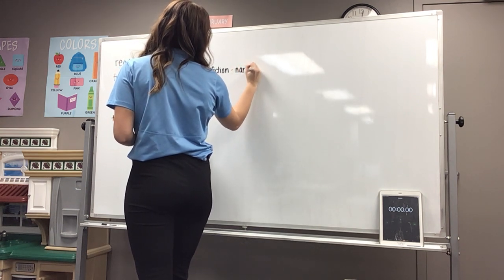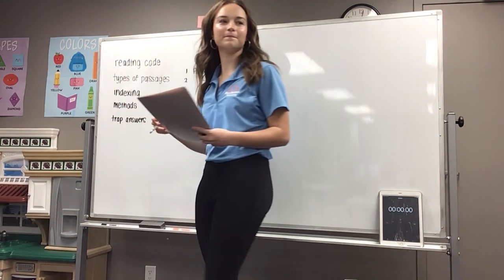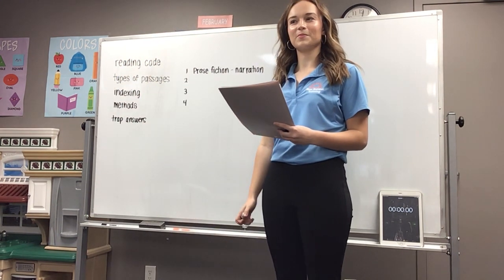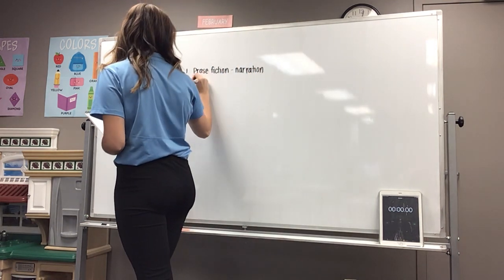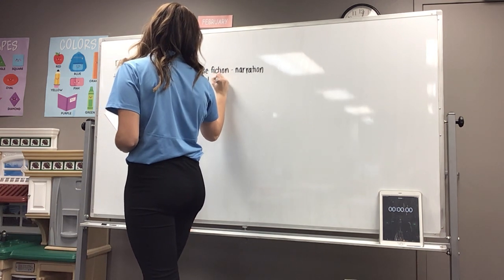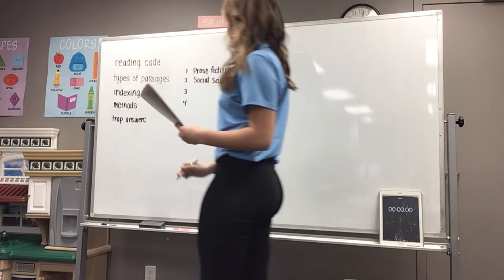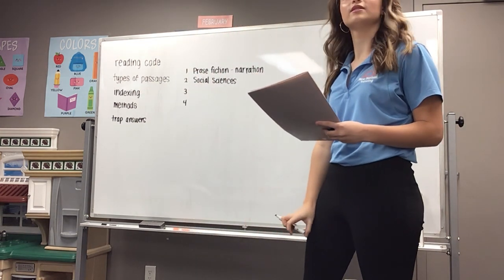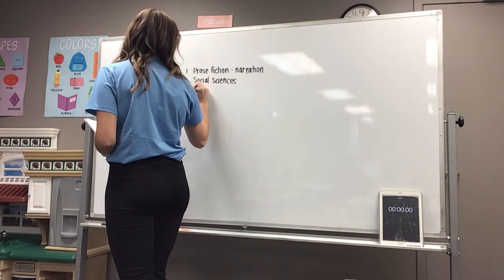What would be the second one? Social studies. Yes, social sciences, which is social studies type topics. What is the third one? Humanities. Yes. So humanities deals with the arts.